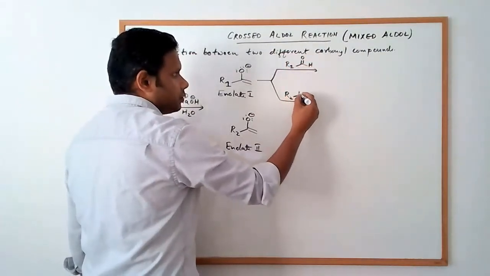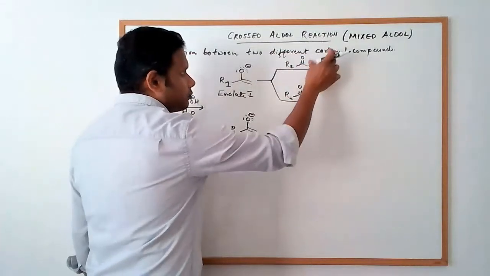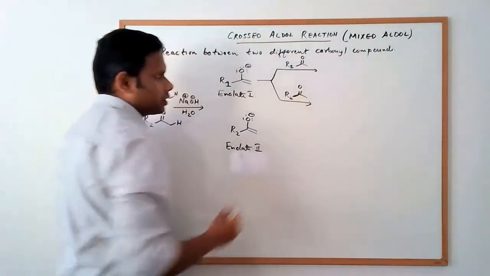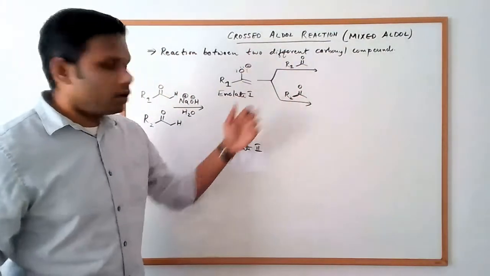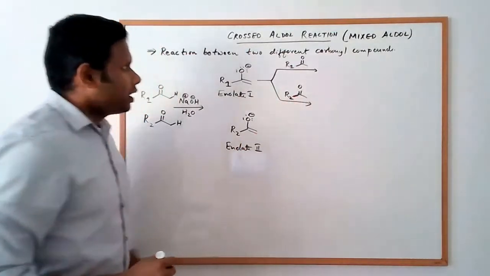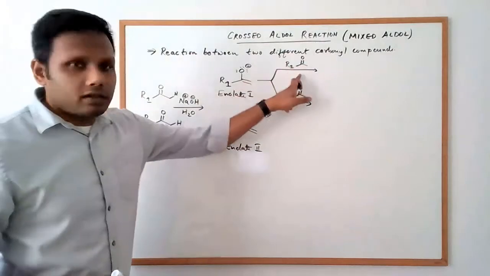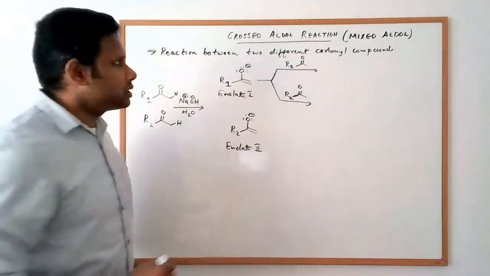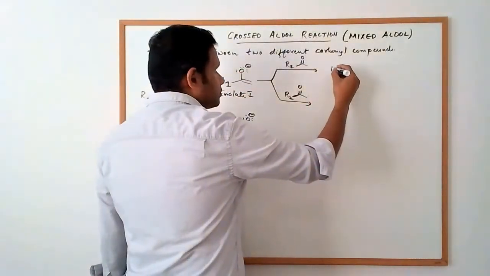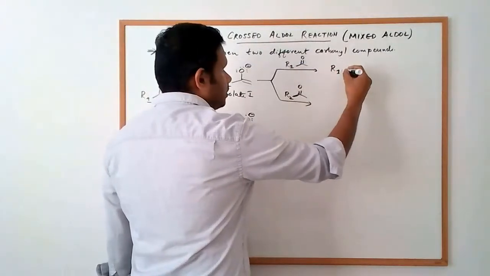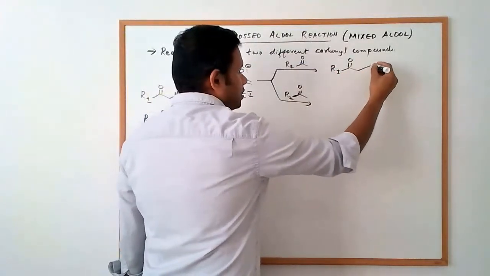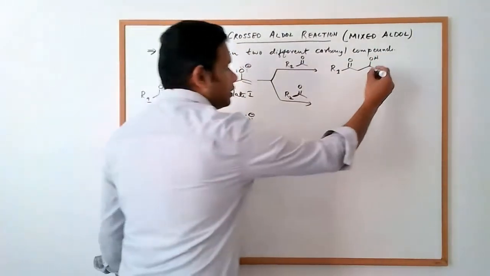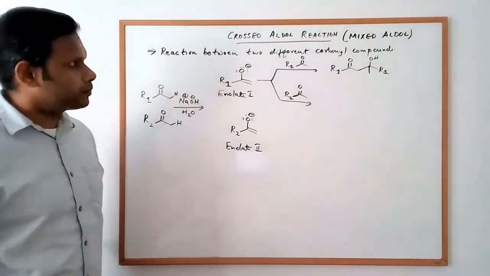If it reacts with itself, or with the carbonyl compound that gave rise to this enolate, then we're going to get a beta hydroxy carbonyl compound, which is going to look like that, and there will be a methyl group here.